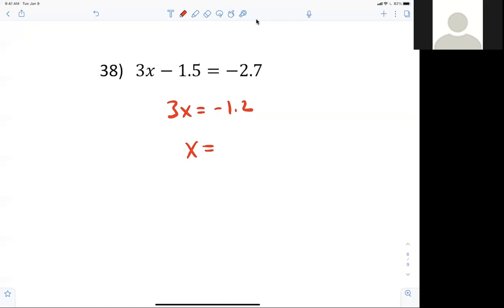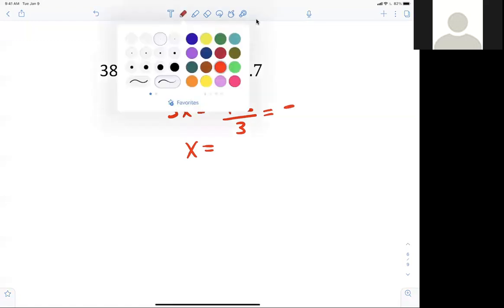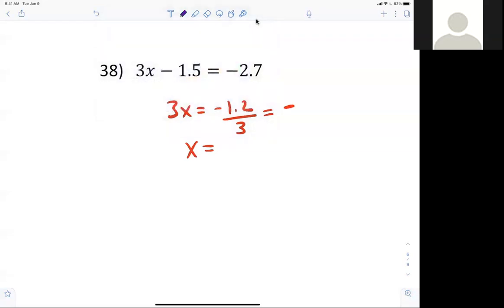Now, I'm liking this now. Remember, I like fractions. So 1.2 divided by 3 is the same as what fraction? Everybody's got to pay attention. Negative what? How do I move the decimal? Yes, there you go, negative 12/30.